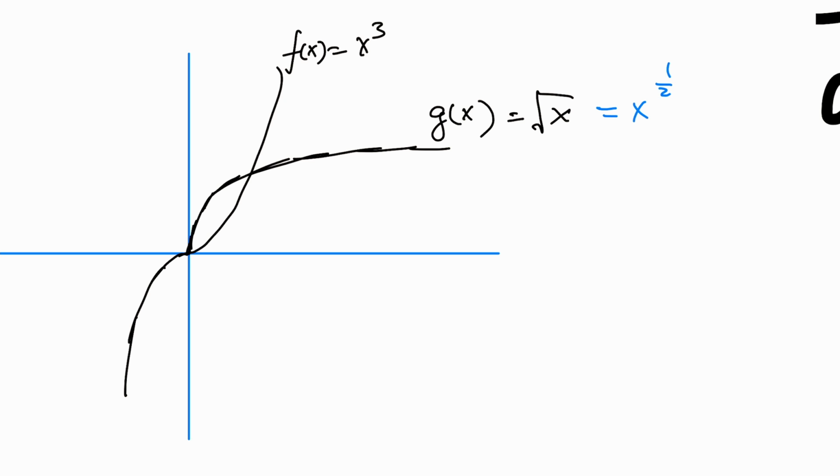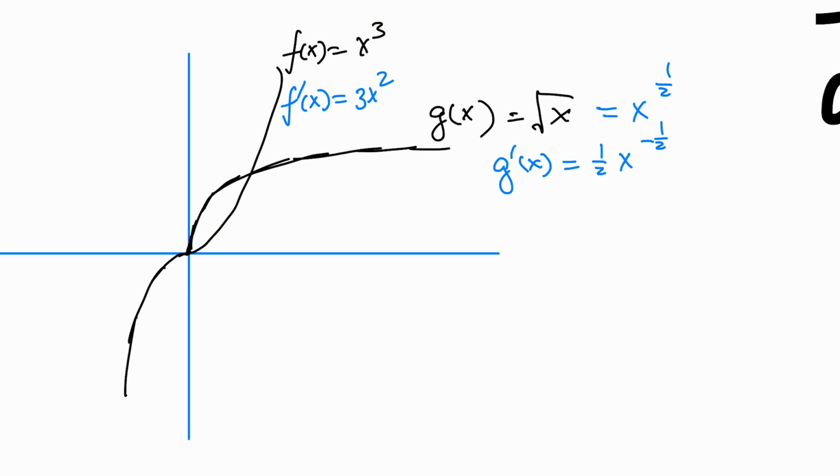So if we have this, we can calculate the derivative with the power rule. So f prime of x is equal to 3x squared, and for x to the 1/2, g prime of x is equal to 1/2 x to the negative 1/2.